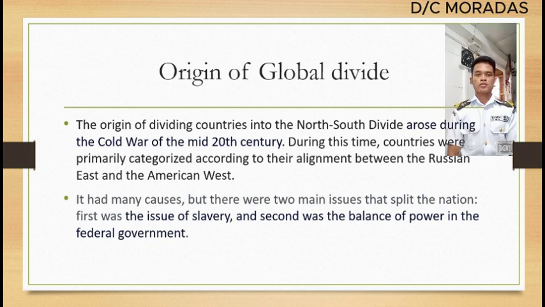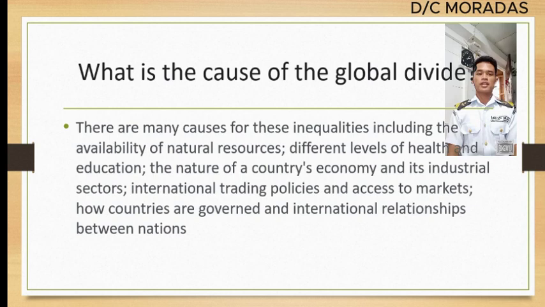It was called the Cold War because the featured heavyweights, the Soviet Union and the United States, were nominally at peace, but they engaged in circling each other, jabbing each other, and testing each other's supposed weaknesses in every part of the world, in the Byzantine politics of the United Nations and in a couple of dozen other international organizations. During this time, countries were primarily categorized according to their alignment between the Russian East and the American West.